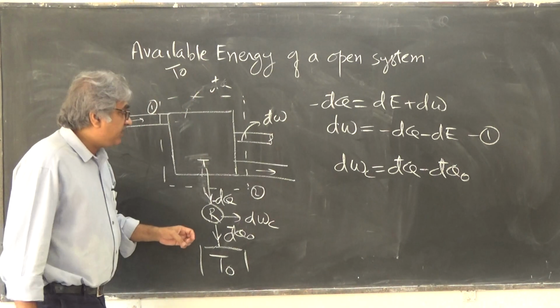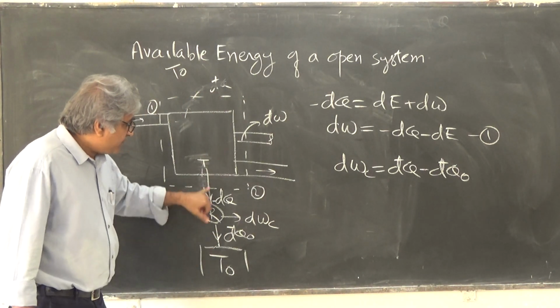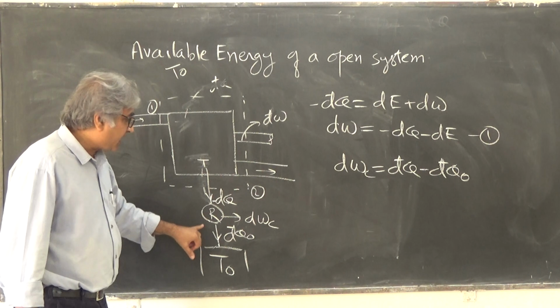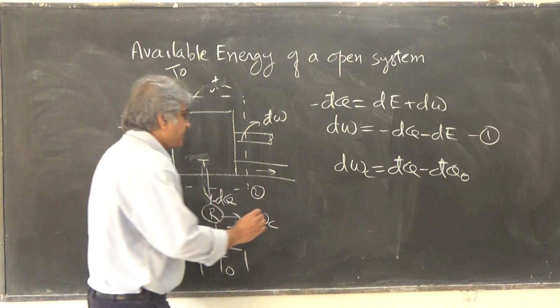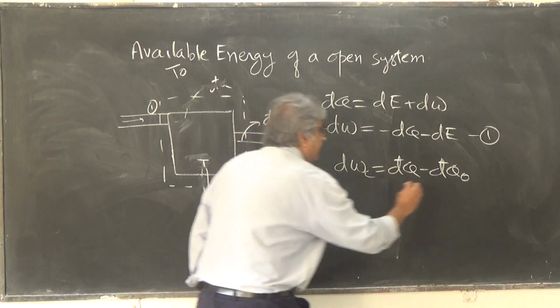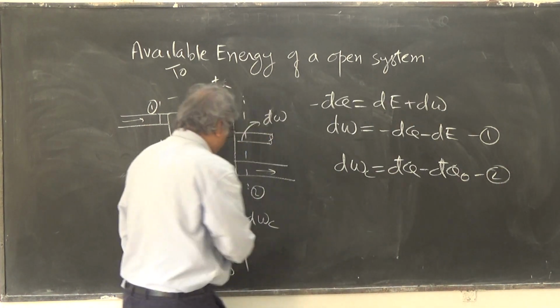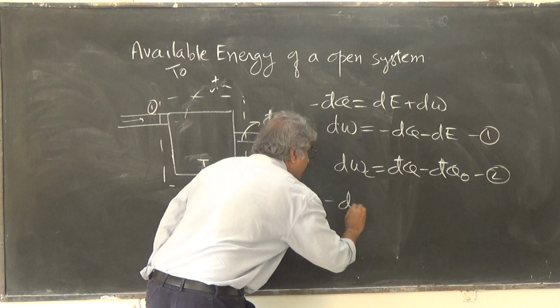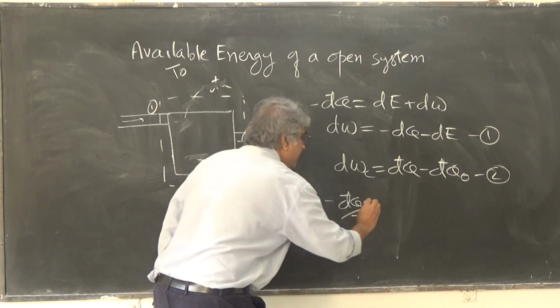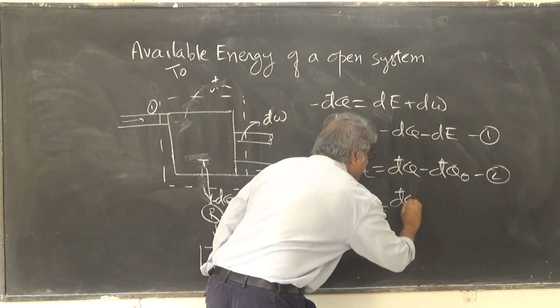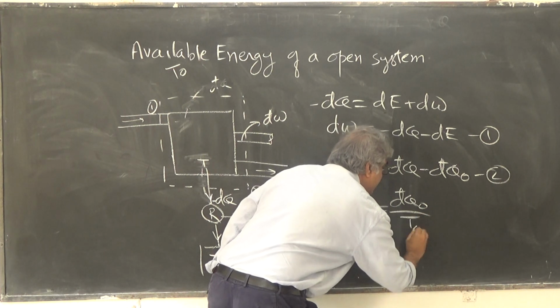Okay, now because this is a Carnot engine, we can also write this as equation 2. We can write for the Carnot engine, minus dq by T is equal to dq naught by T naught.